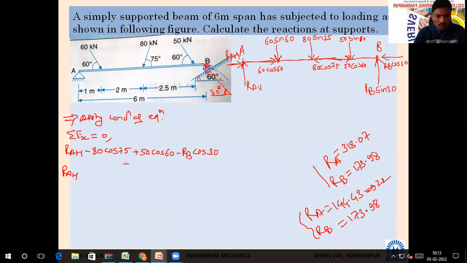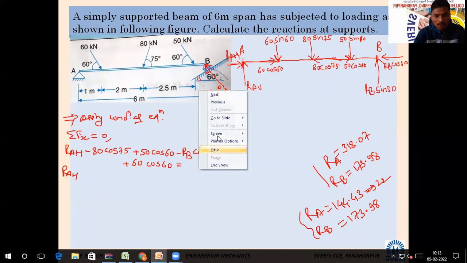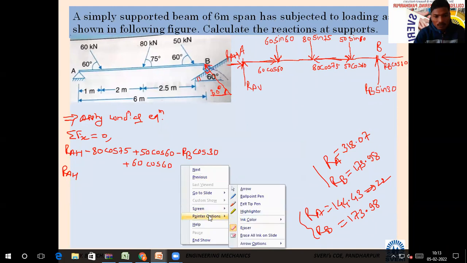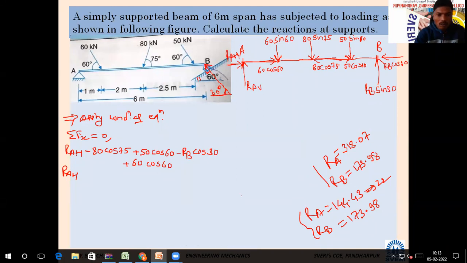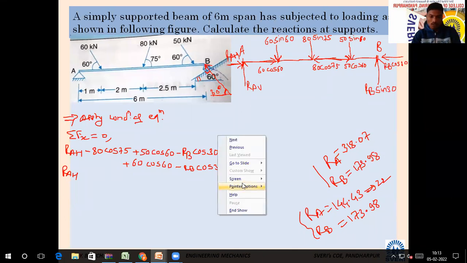So here I will write 60 cos 60, and RB remains as it was. Minus RB cos 30 equal to 0. Just check, is it correct now?